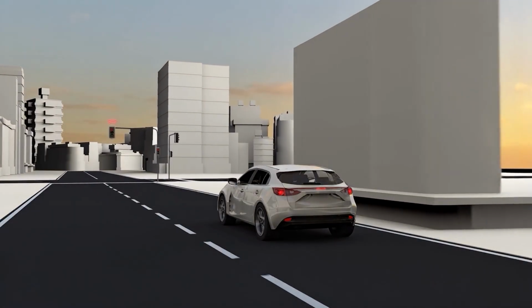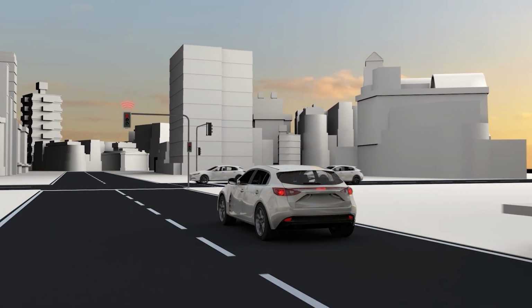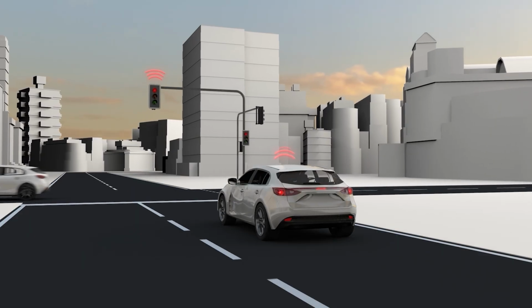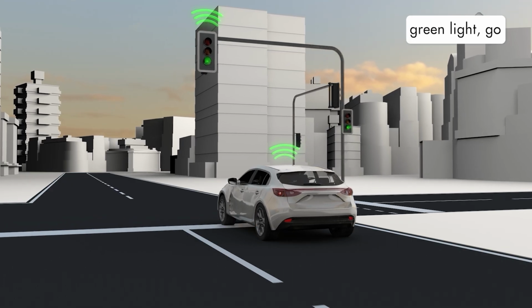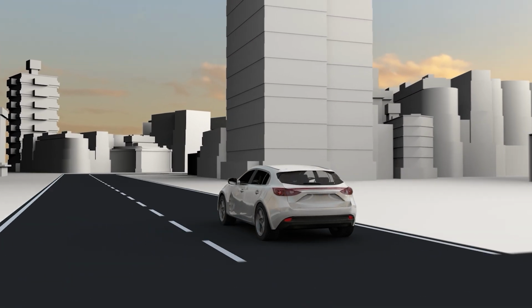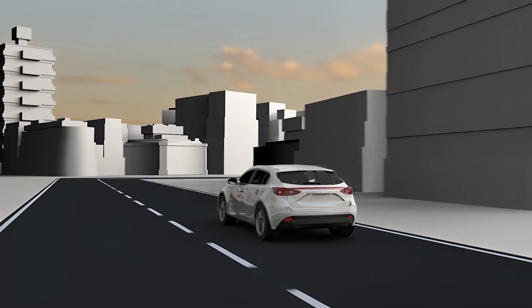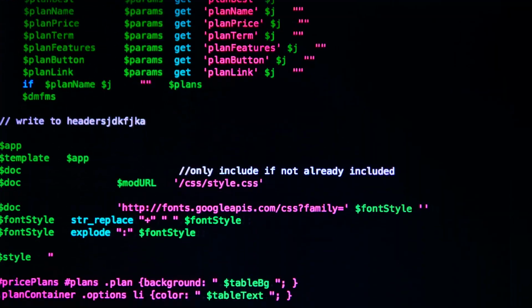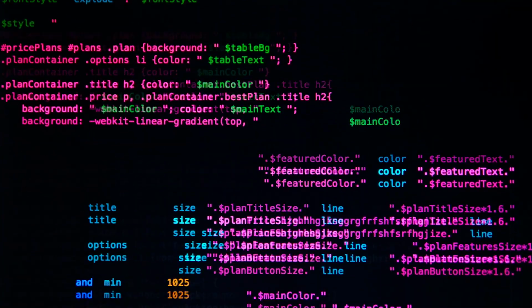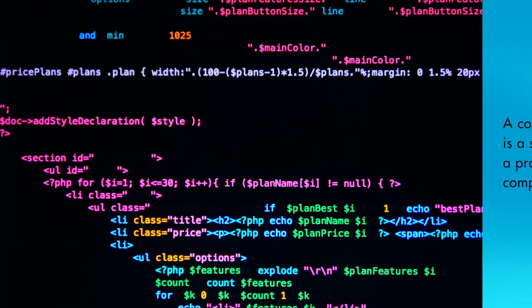Based on its programming, the computer sends instructions to the vehicle to slow down and come to a stop. Then, when the sensors report that the light has turned green again, the computer programming sends a command to the vehicle to resume driving. A computer acts according to its programming, but what exactly is a computer program?